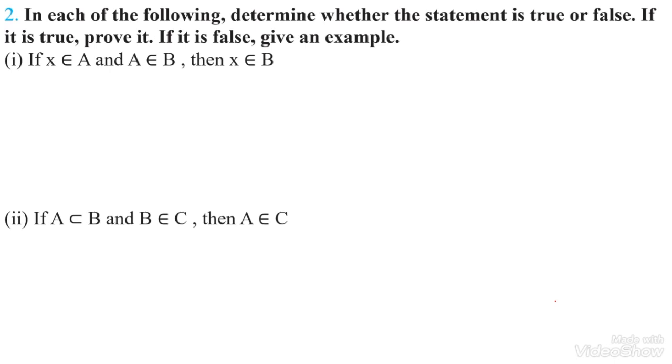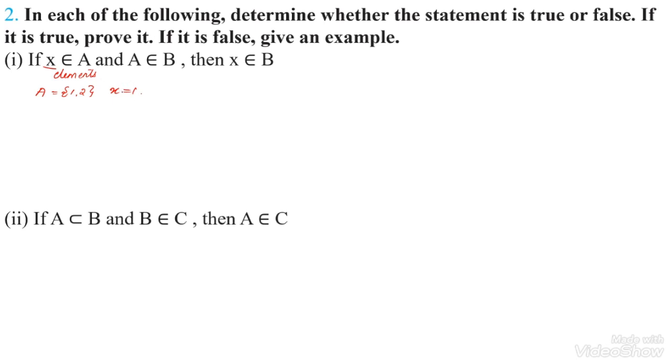Here, according to the concept or definition, the first one is: if x belongs to A, x be an element which belongs to set A. So I will take A be a set containing the elements 1, 2. Then I will take x is equal to 1.